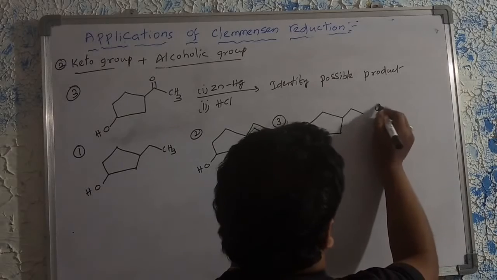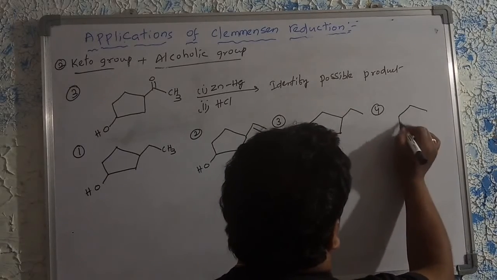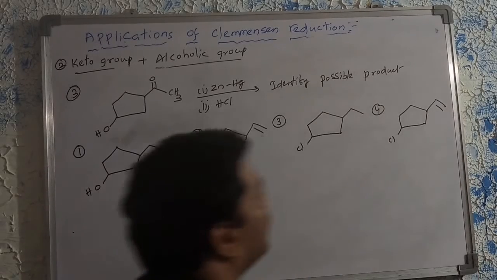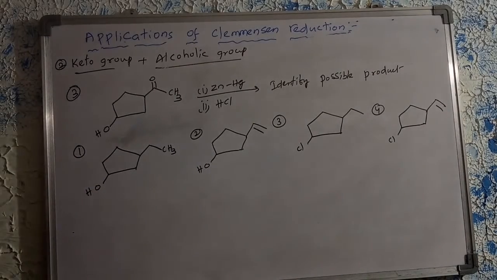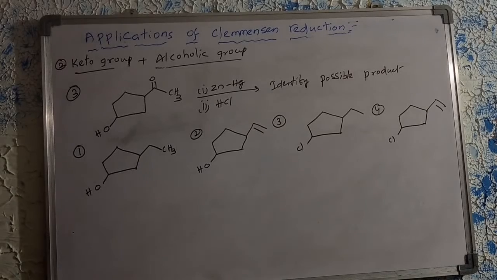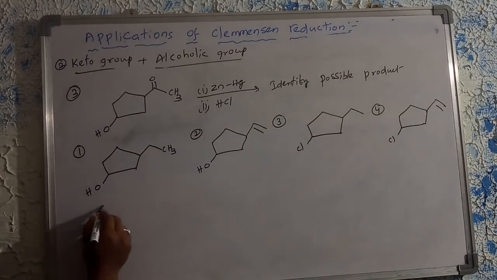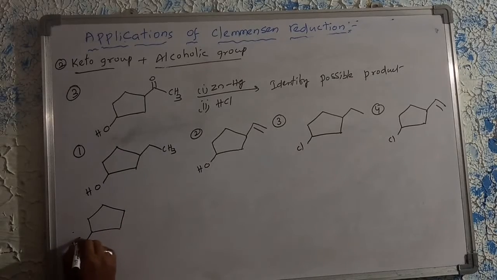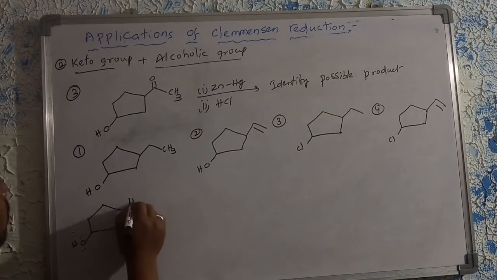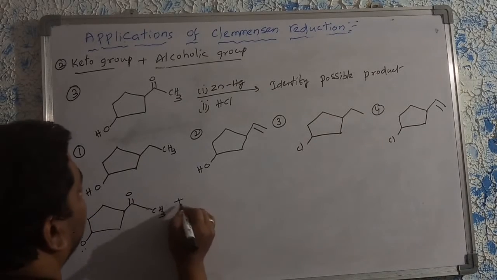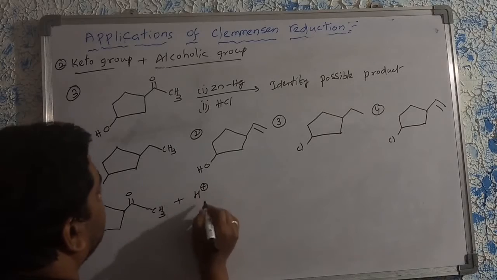So we will see what is the possible product during the Clemmensen reduction reaction. OH, C=O, CH3 reacts under acidic conditions.